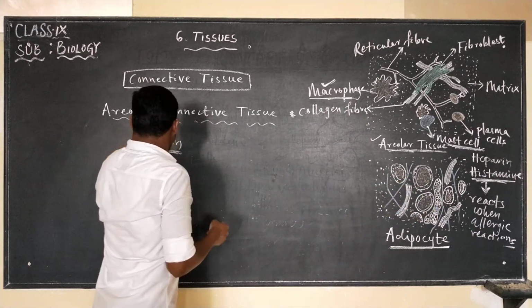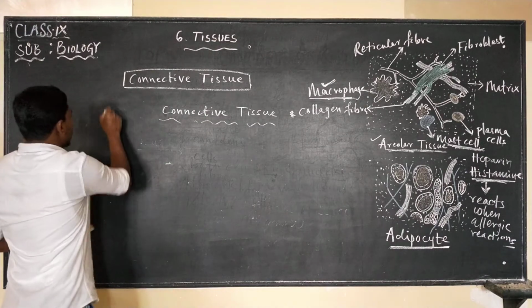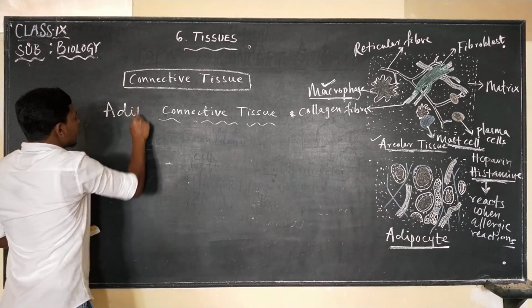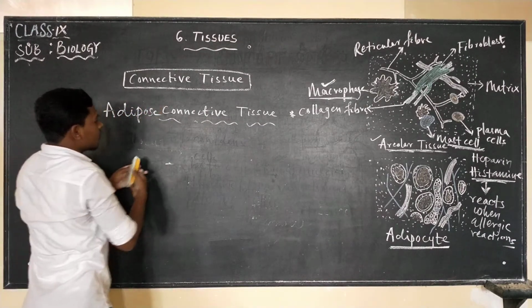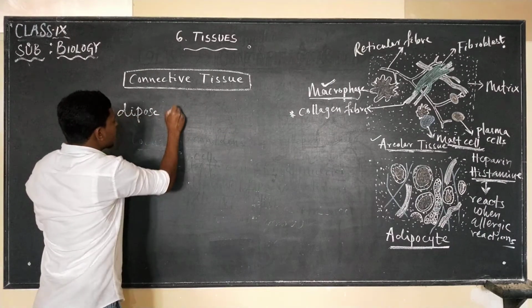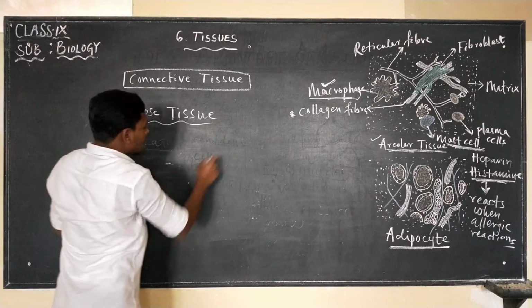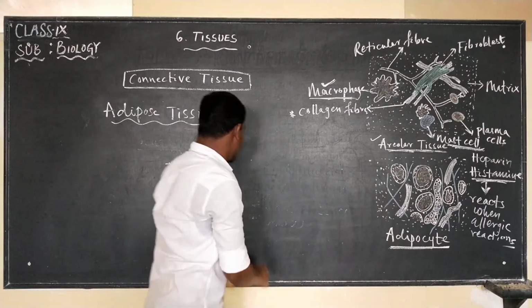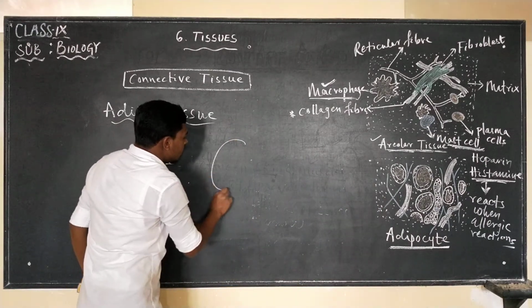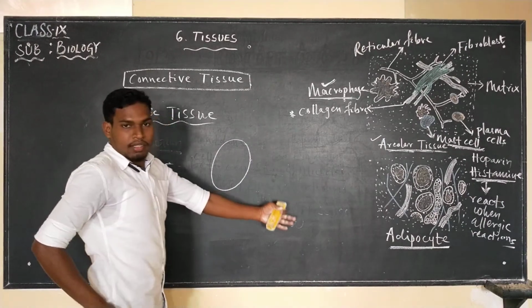Adipose tissues have large cells known as adipocytes.